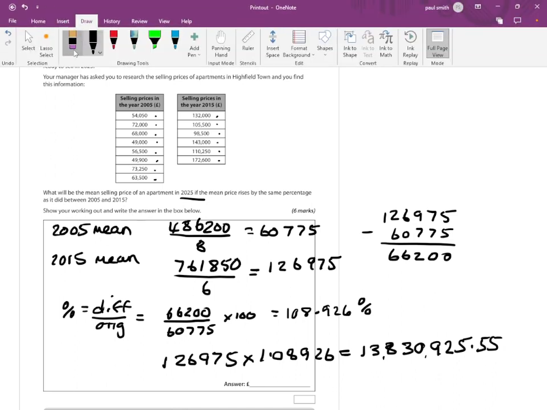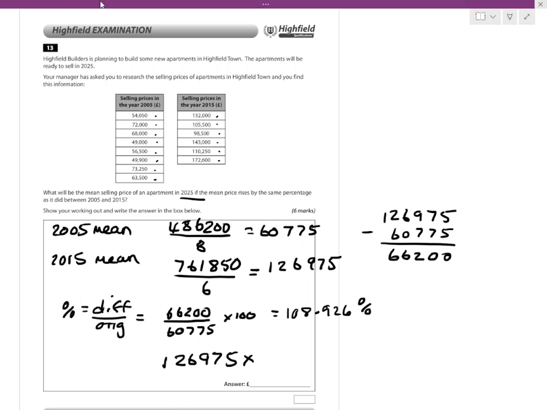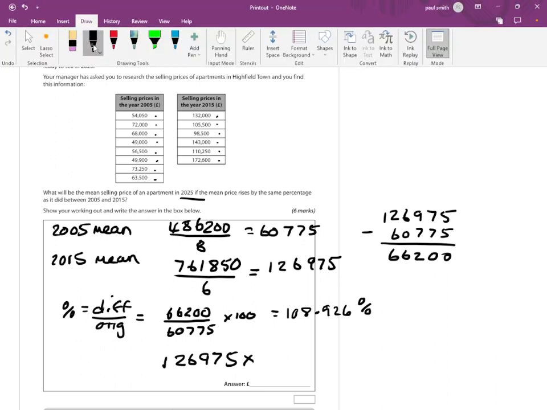I'm going to do it a different way. So this hasn't worked out. So I'm going to work out what 108% of that is.